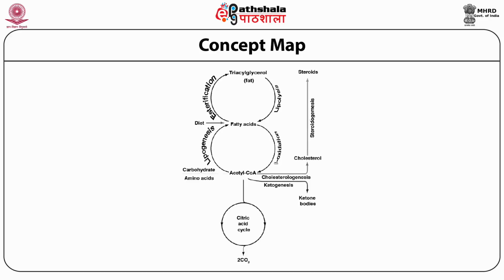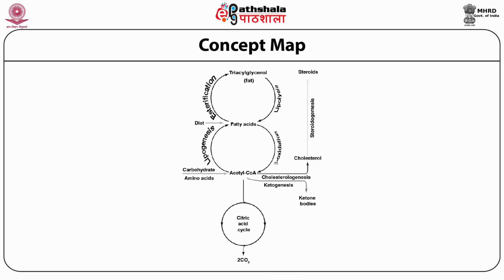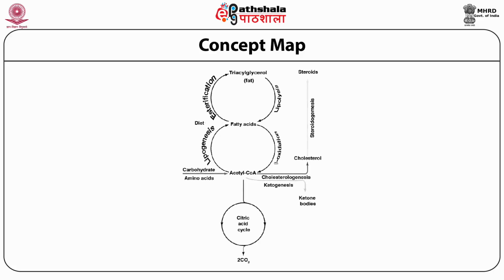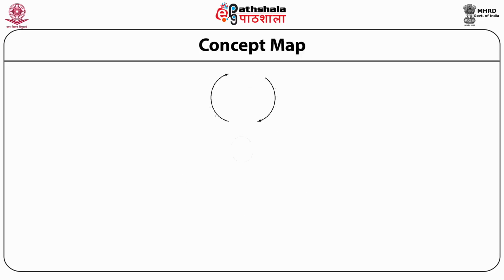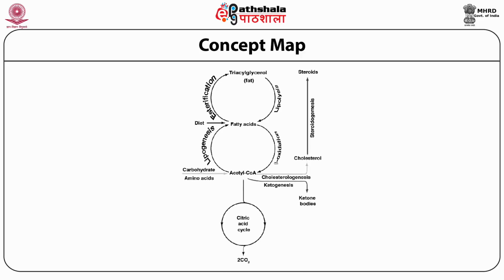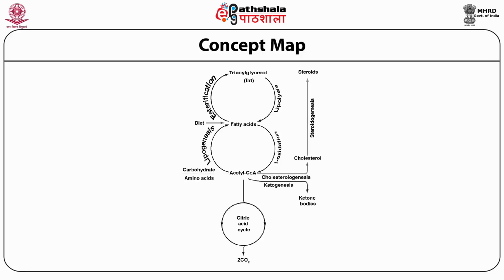This further results in the beta oxidation process, which forms acetyl-CoA. Through lipogenesis, this acetyl-CoA is further utilized to biosynthesize the fatty acid. And this cycle and recycle goes on.